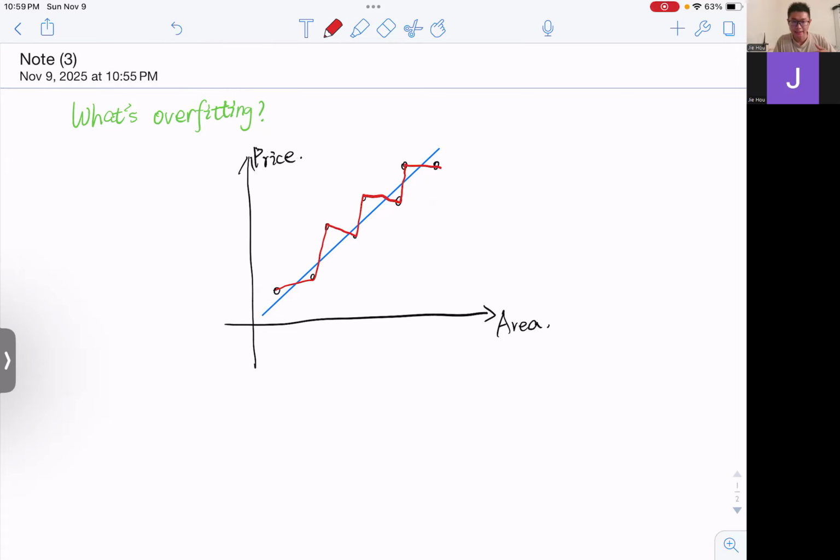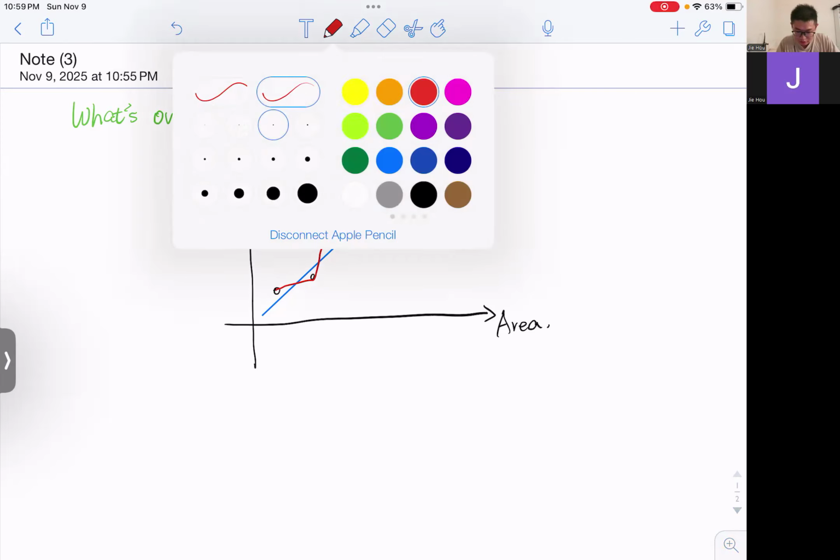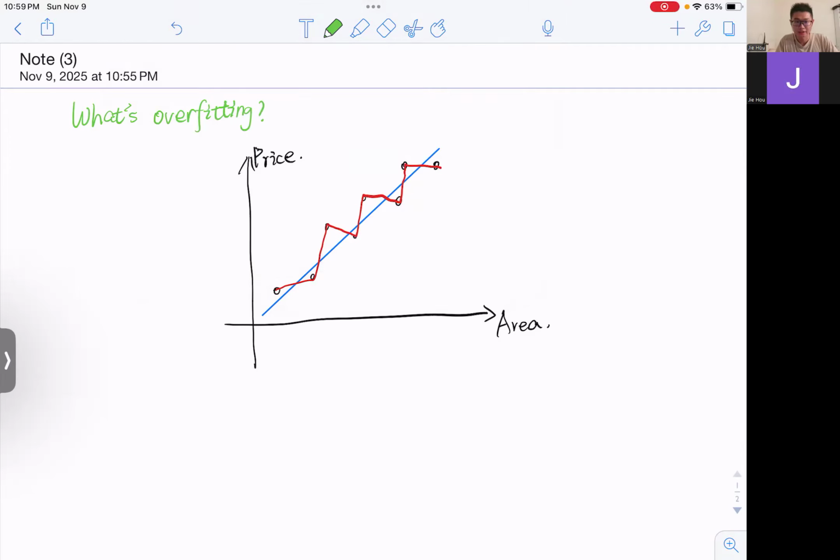The true test of a model is not how perfectly it fits our training data. It's how well it predicts new data, which we have never seen before. So assume we have a new house which was just listed on the housing market.